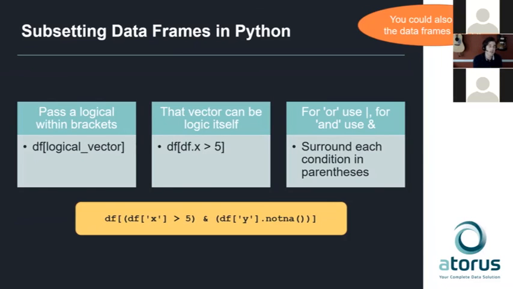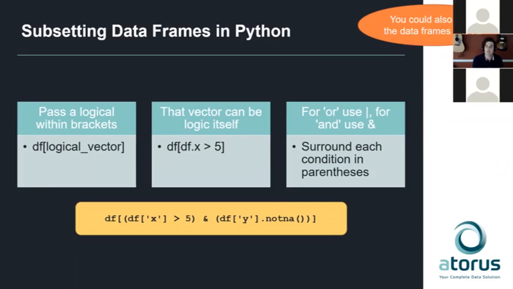If you've already done a check for the rows that you want and you get a vector of trues and falses, then you can just pass that vector in and it will give you back just the rows that are marked true. But that can also be logic. If you have a numeric vector in df.x, the x variable within df, you can do things like greater than 5, and then you'll get only rows that are greater than 5, because what df.x greater than 5 actually returns is a logical vector.